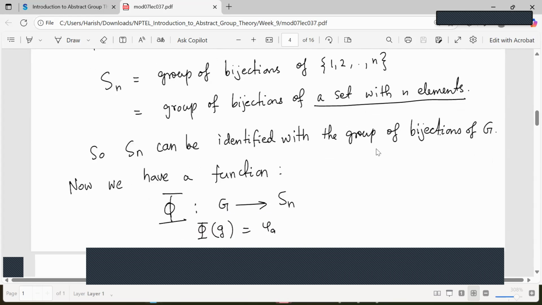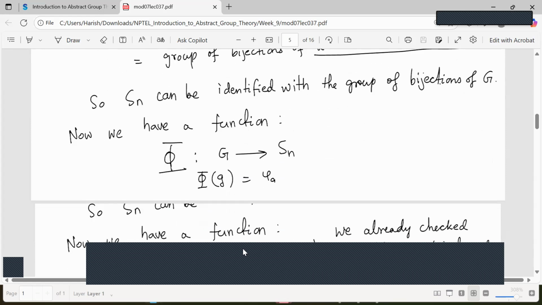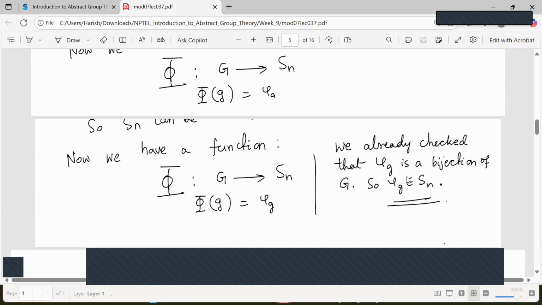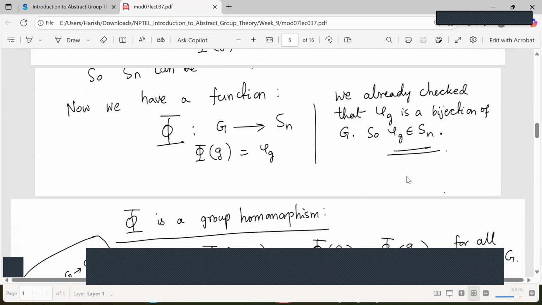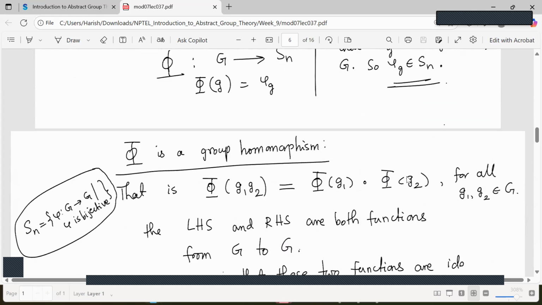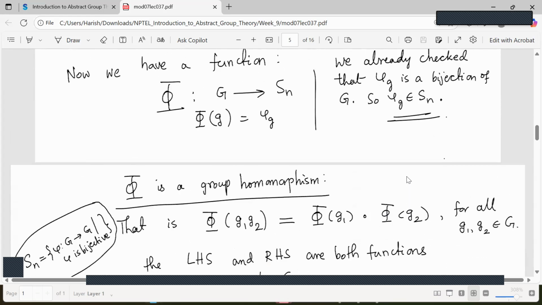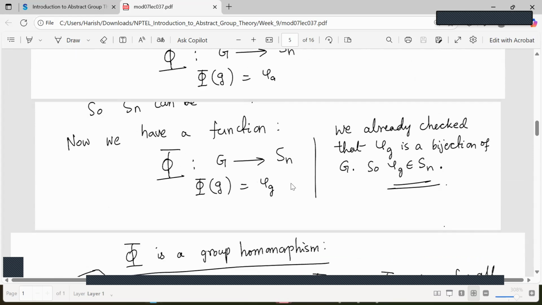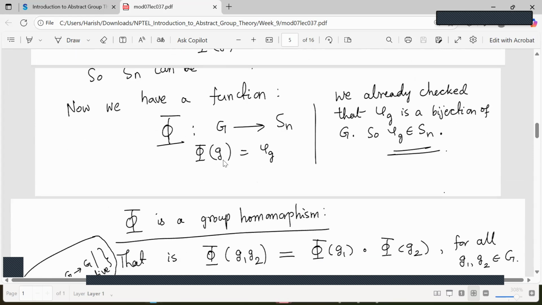So that's what they are doing here: Sn can be identified with the group of bijections of G. And that's it. It's just an identification, sending g to Sn by mapping small g to the bijection phi of g.